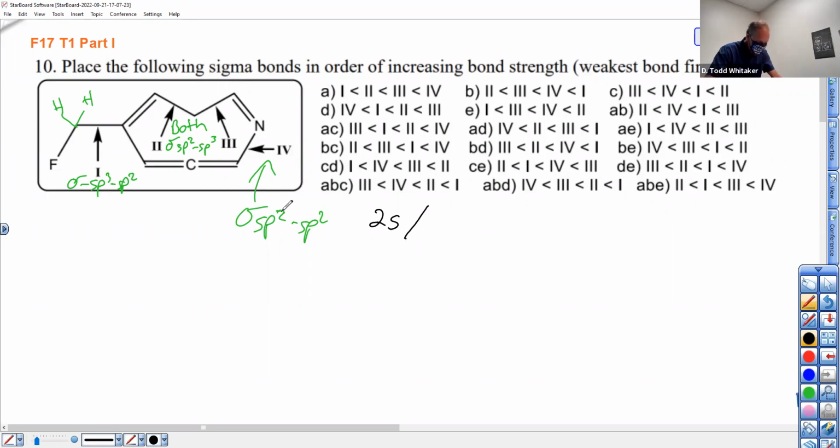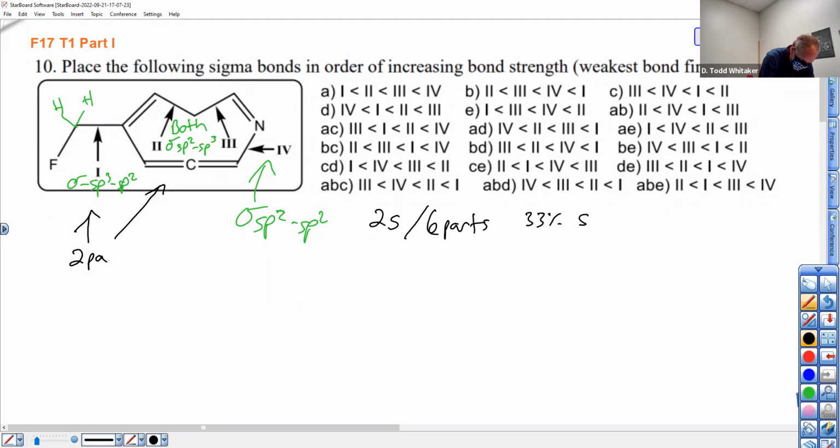Remember, there's 3 parts in this name and 3 parts in this name, right? 2 parts, 2 S's out of 6 parts, 33% S. All of these are 2 parts S out of 7 parts. So all of that work was just to figure out the best one. The strongest bond was IV because it's 33% S.